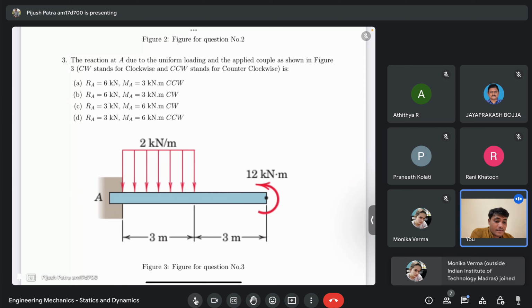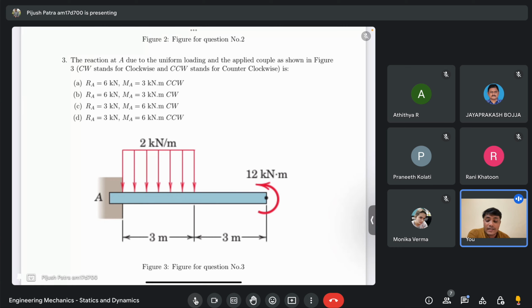In the end sem you will get a question where they give a diagram like this, with let's say a pin support here, and they will ask whether it is a statically determinate or a statically indeterminate problem, or they might ask what is the net reaction moment at the pin support.